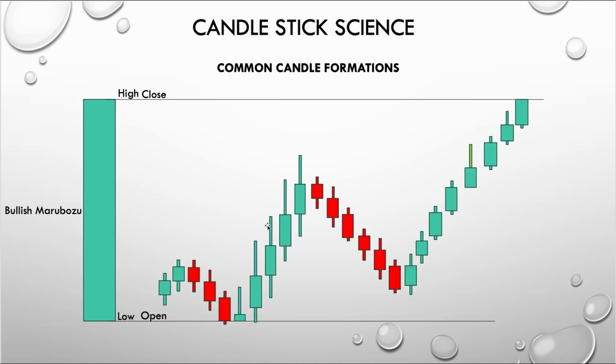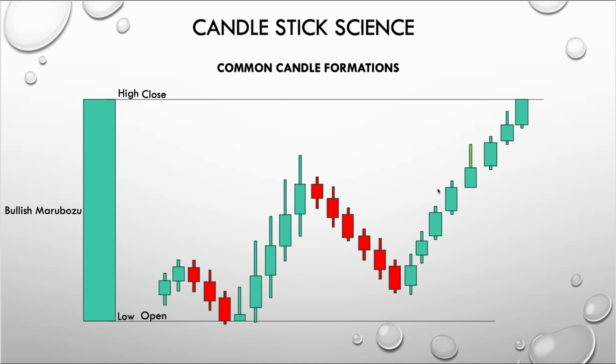Now, when we look at its internal structure, we'll see that it has both bearish and bullish candles, which represent the buying and selling pressure within this bullish Marabuzu candle. However, when you look at the sellers and buyers here, you see that most of the volume is being created by the bullish candles. If this is a daily chart, this could be 1 hour candles.